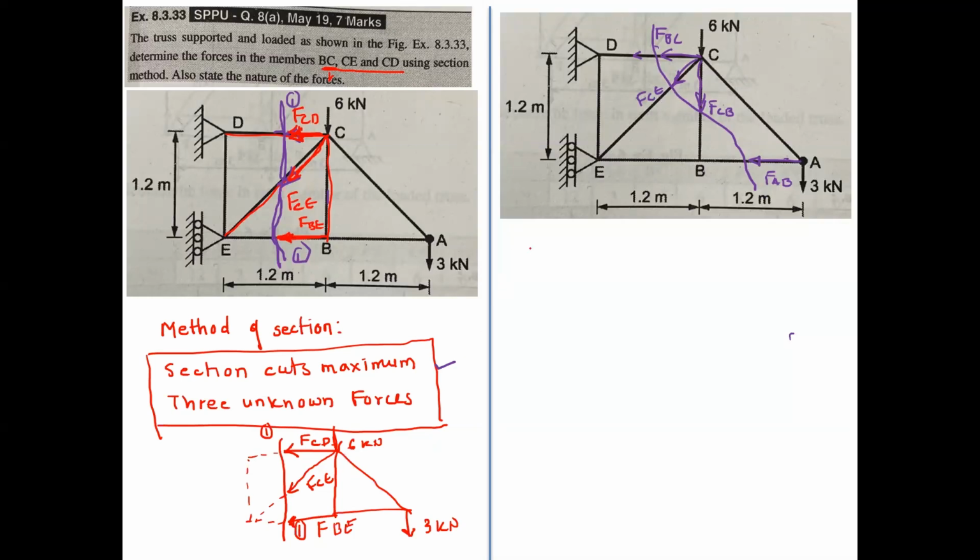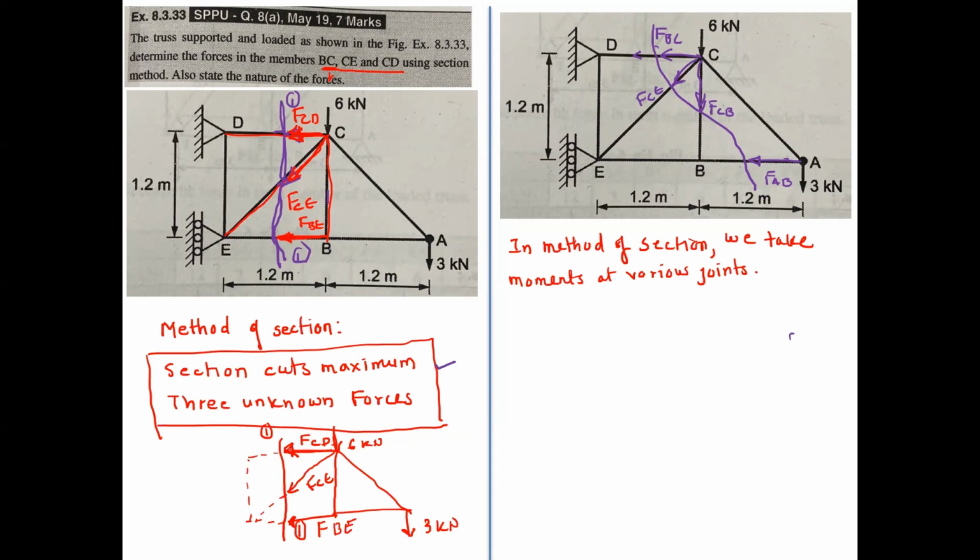Now in this method, we have to take only moments. In the method of section, we take moments at various joints. Now, we have to find the force in this member CD.